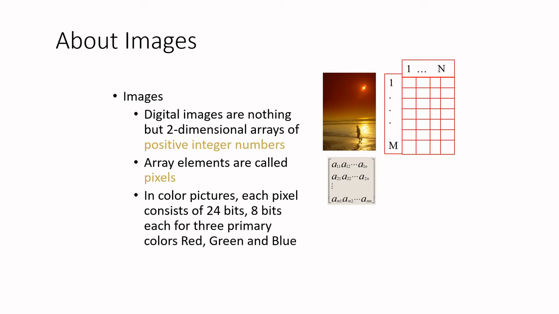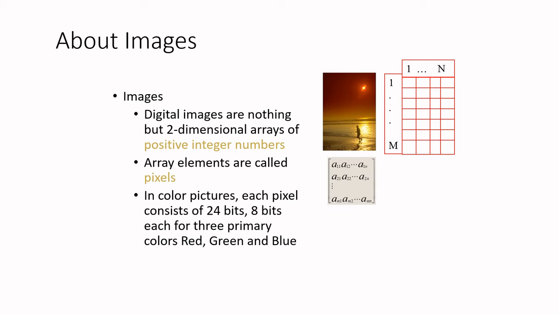The reason is that the pixel values represent the reflected intensity from the object, and since intensity is a measure of energy, we can't really have negative numbers. So these numbers are always positive integers. The array elements are known as pixels.